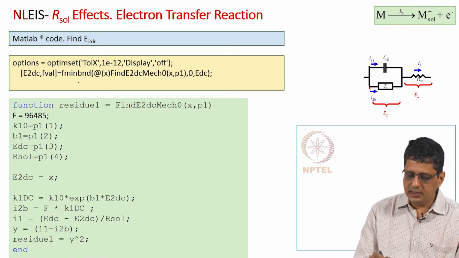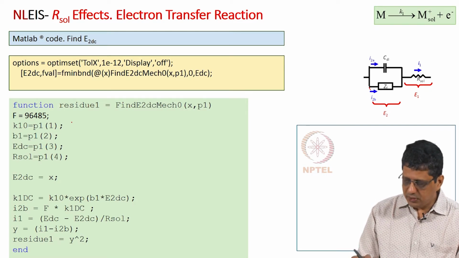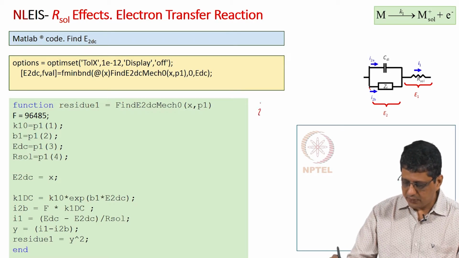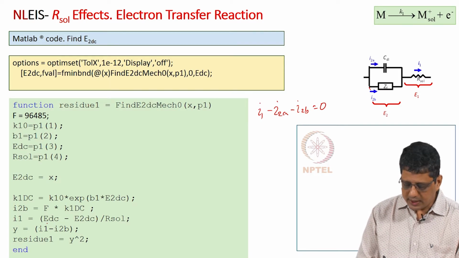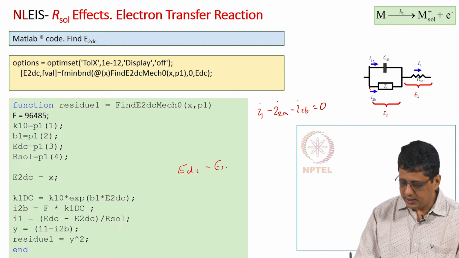So, in this case I have used a function called fminbound. So, essentially what we do is to take the DC equation, which is I1 minus I2A minus I2B equal to 0. I1 is (E DC minus E2 DC) by R solution.